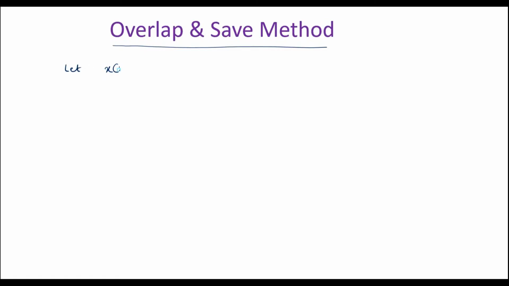Let x of n be the input sequence, and we'll assume that the length of this sequence is Ls. Also let h of n be the impulse response of the system. We'll assume that the length of h of n is m.